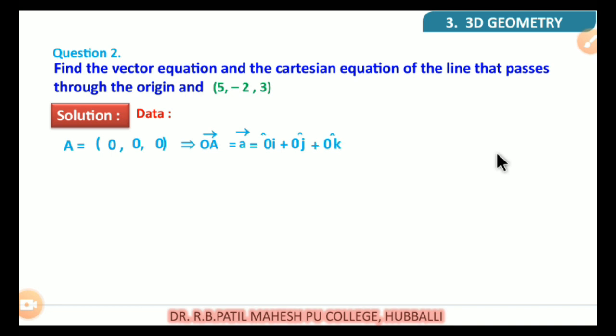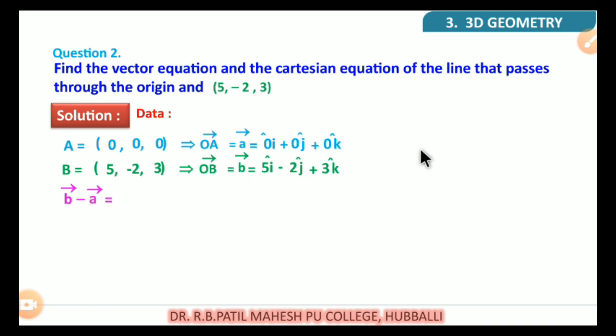Now consider the second point, point B, that has the coordinates 5, -2, 3. This implies vector OB is equal to vector b, that is equal to 5i minus 2j plus 3k. Therefore find the value of b minus a.